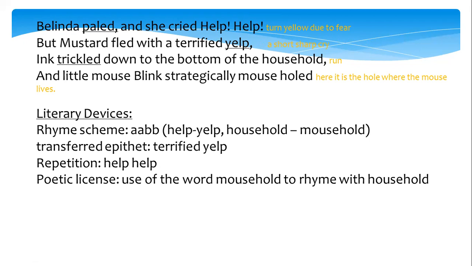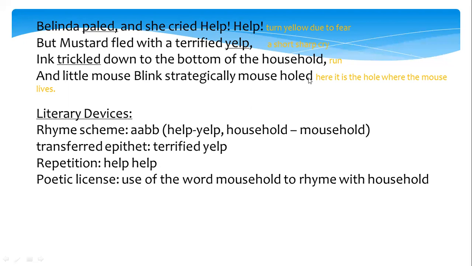So here, first of all, yelp means a short, sharp cry. And trickle down means run. And mouse hole here is the hole where the mouse lives. So the rhyme scheme here is help and yelp, AA, and household and hole, BB.